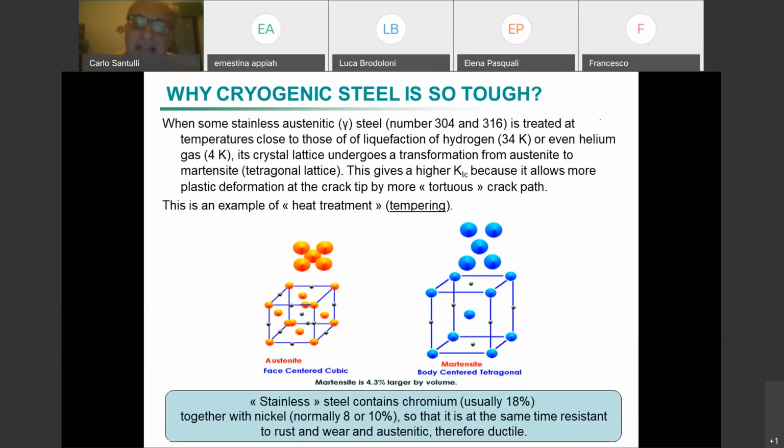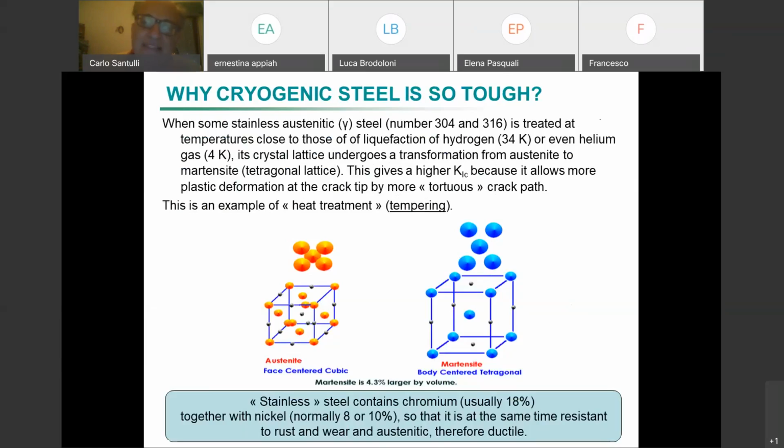And so they need to be treated with cryogenic tempering, a kind of heat treatment which is called tempering. In general terms, whatever heat treatment you do, not only on steel, on different metals, but also on glass, it's called tempering.